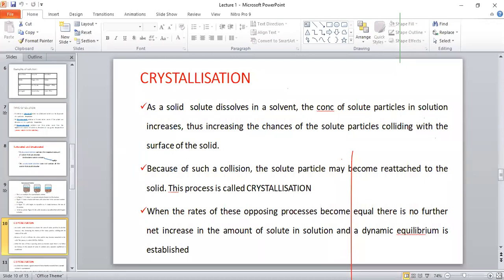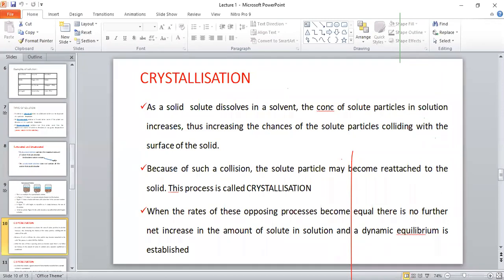So when the rates of these opposing processes, that is, solute trying to go into solution and solute trying to attach to the solid, become equal, then there is no further net increase in the amount of solute in the solution. That means the solute can no longer go into solution.